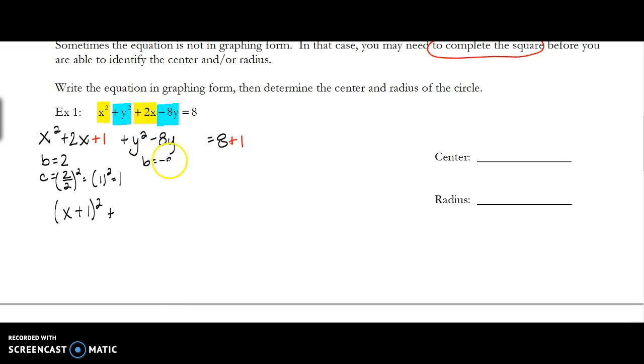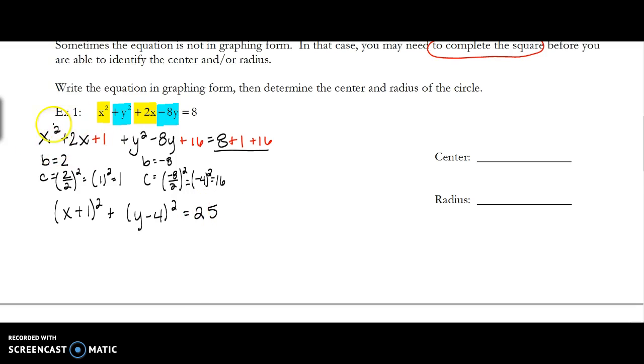So b is negative 8. So to find c, you would do negative 8 divided by 2, squared. Gives you negative 4 squared, or 16. So what we have to do is add 16, but then again to the other side. So we would have now y minus 4 squared equals this 8 plus 1 plus 16, which is 25.